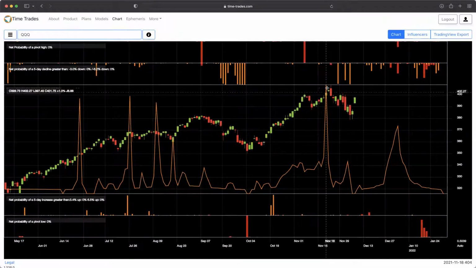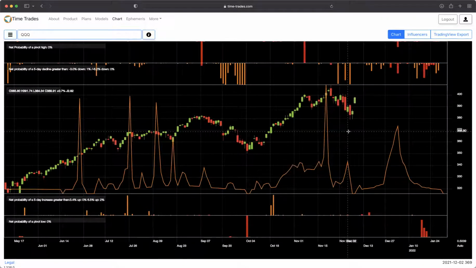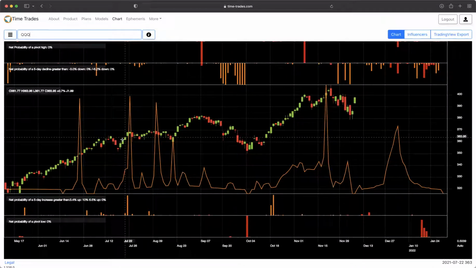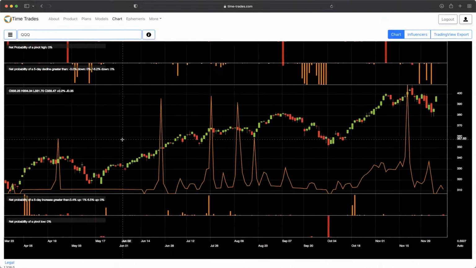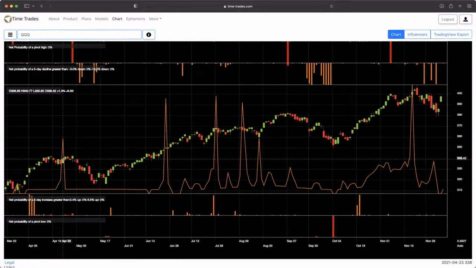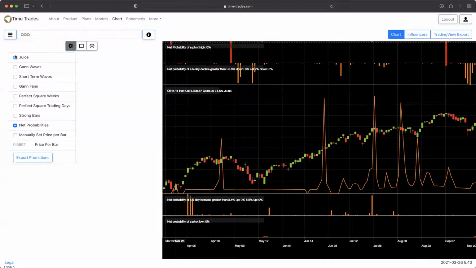And here it is again in the middle of an uptrend on November 18th. The uptrend continued on for another couple of days. So in general, you can expect to see moves up the day of or in the days following a spike in juice activity. Okay, so that's the juice.